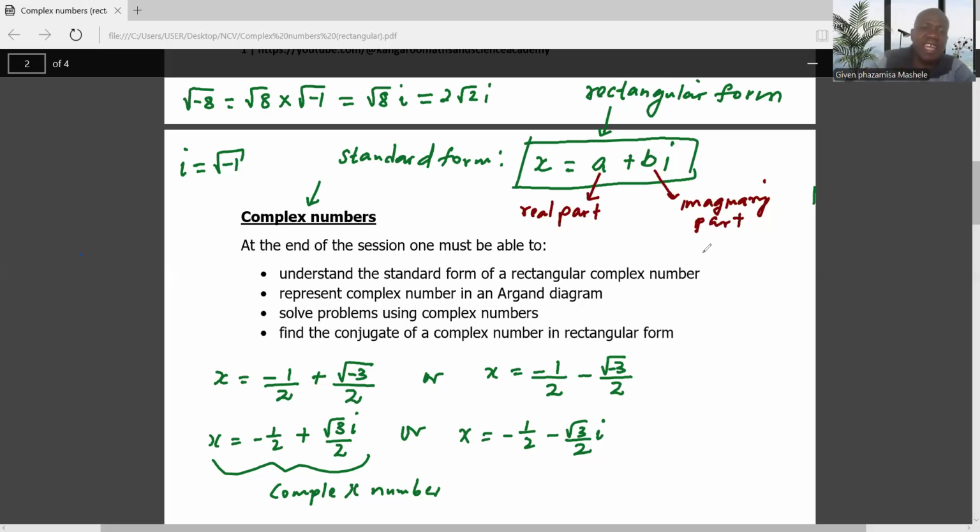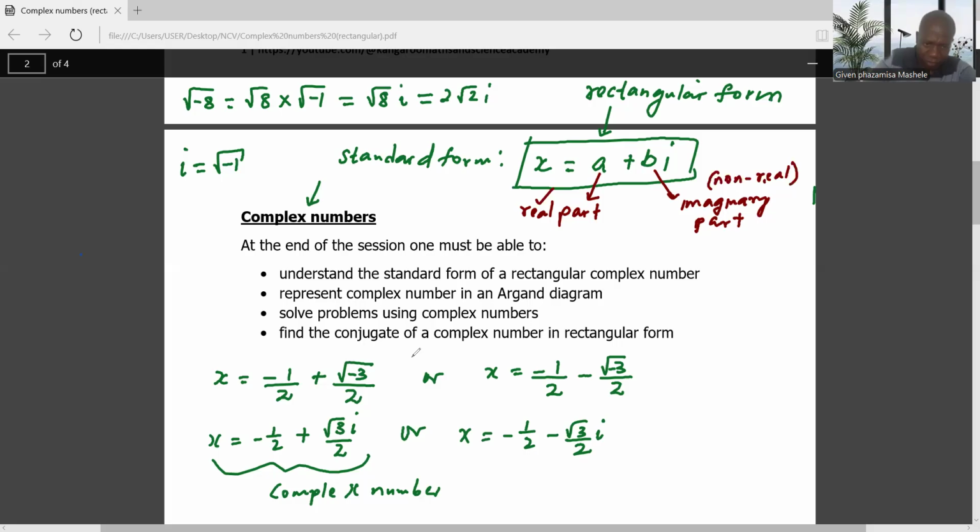Hence, I said a complex number is a number system that comprises real and non-real numbers. So this is the non-real or imaginary part. It's very important to be able to know which one is the real and which one is the non-real.